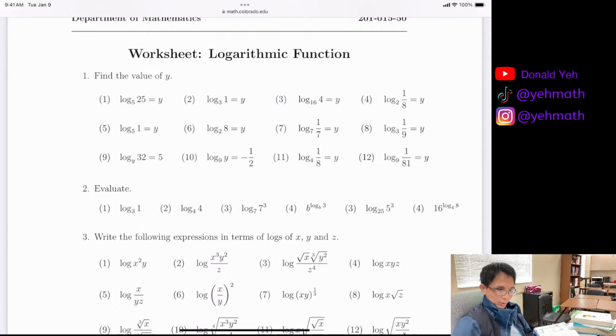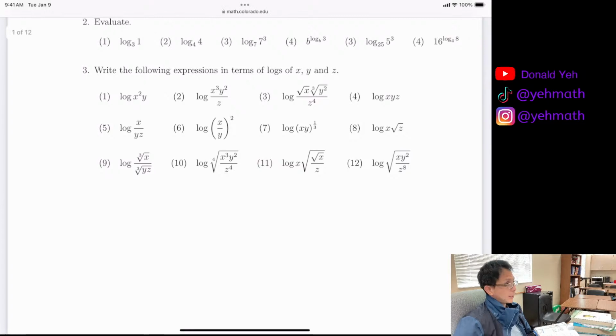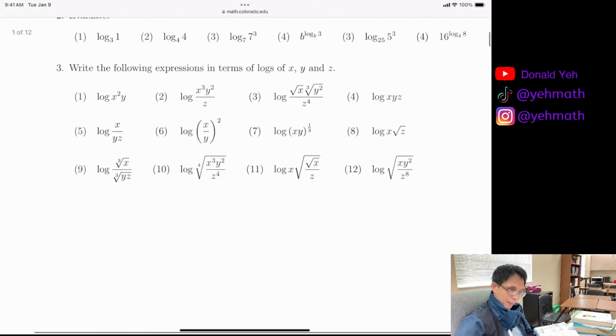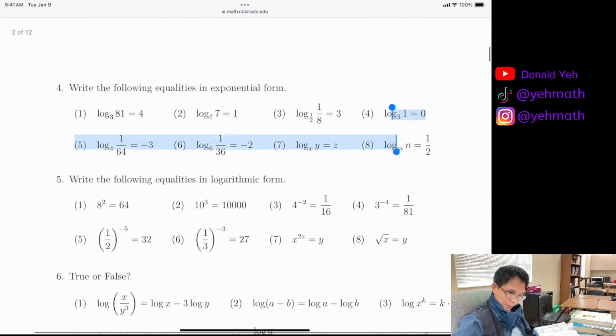Okay, so question 6. Do you know what log base 2 of 8 is equal to? It's equal to 3. Good. Okay, so do you know how to expand and compress? For example, I'm going to give you this worksheet. You guys are going to have to figure out how to do all the problems.